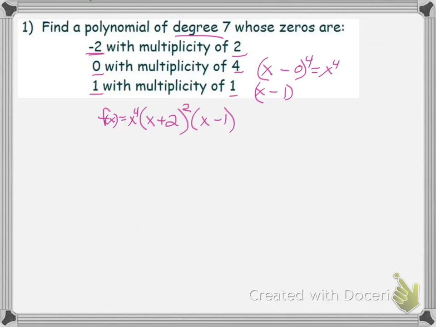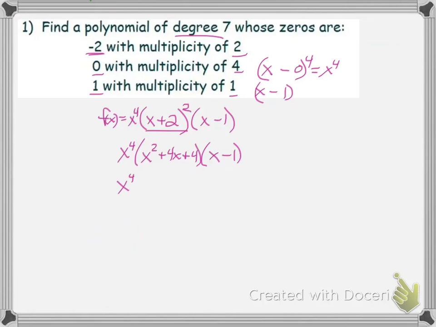And if you're writing it in standard form, I've got to do my exponents first, so I'm going to square that x plus 2, and that's going to become x squared plus 4x plus 4, and that's going to be multiplied with x minus 1. Now I'm going to multiply these two first.